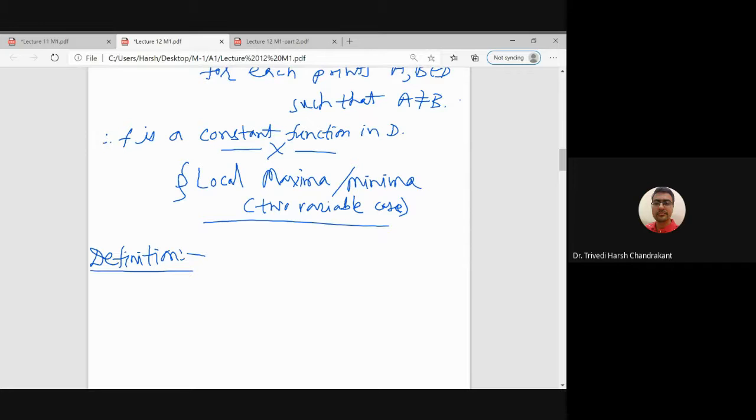What do we mean by the value of the function is minimum locally at the given point? So D is a subset of R2 and x naught y naught be an interior point.